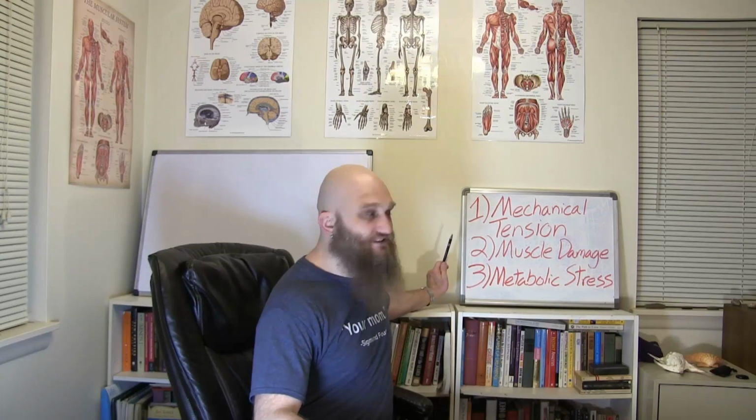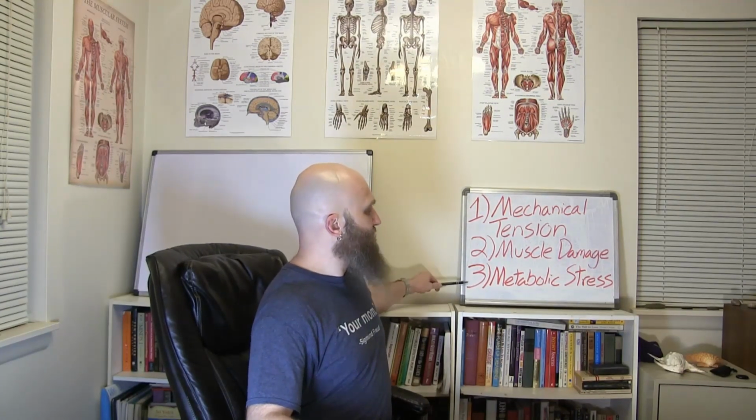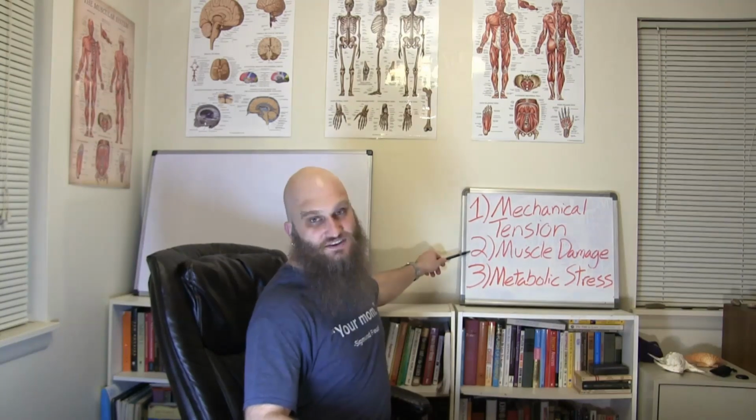And while these 3 are listed in the order of significance, interestingly enough, it is numbers 1 and 3, mechanical tension and metabolic stress, that cause number 2, muscle damage, which then brings about the anabolic response of hypertrophy and the repair of the muscles. So make sure that you have made note of these 3 mechanisms of muscle growth because they are very important principles for you to remember if you are trying to understand the science of hypertrophy.